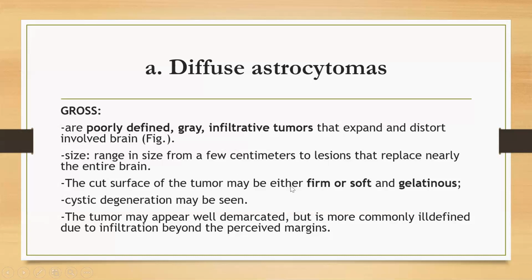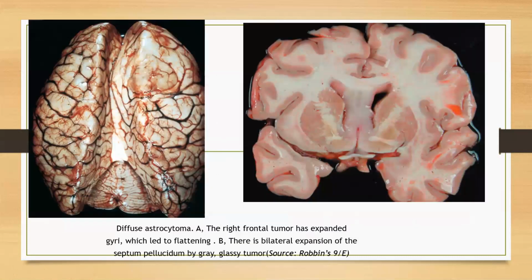The cut surface of the tumor may be either firm or soft and gelatinous. Cystic degeneration may be seen. The tumor may appear well demarcated, but it is more commonly ill-defined due to infiltration beyond the perceived margin. You can see here a picture of diffuse astrocytoma, a right frontal tumor.